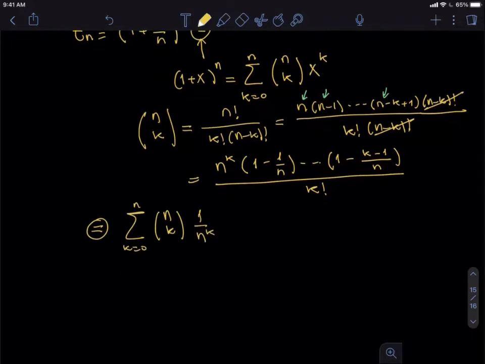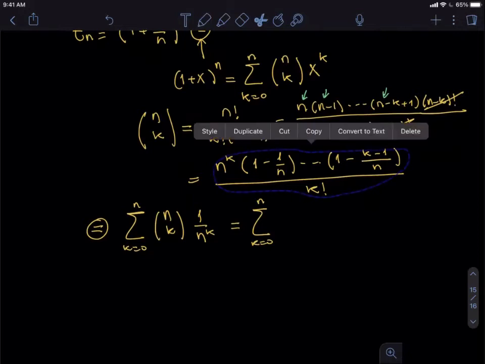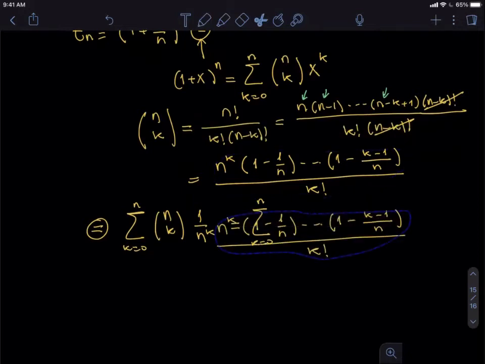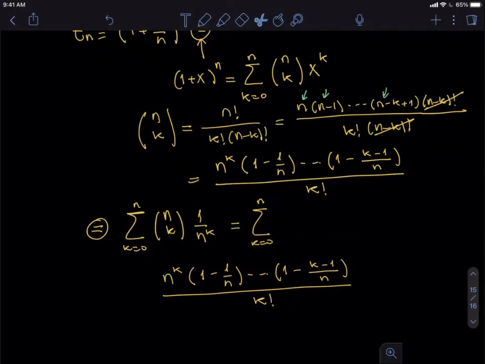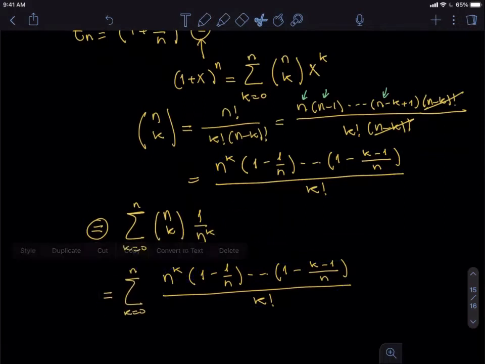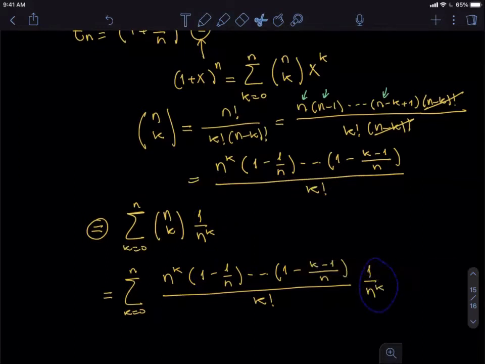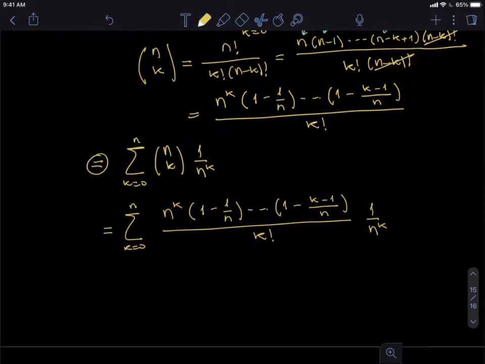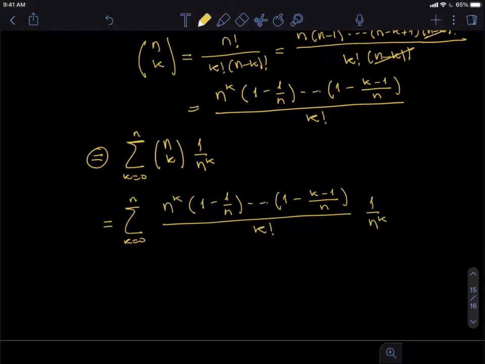All right, and then I apply the second formula, the sum from k equals 0 to n of this thing here that I'll just copy paste. I'll put it here. There we go. And then the 1 over n to the power k that I still had. Okay, now this is everything, but now notice there is a cancellation. The n over k's cancel out.